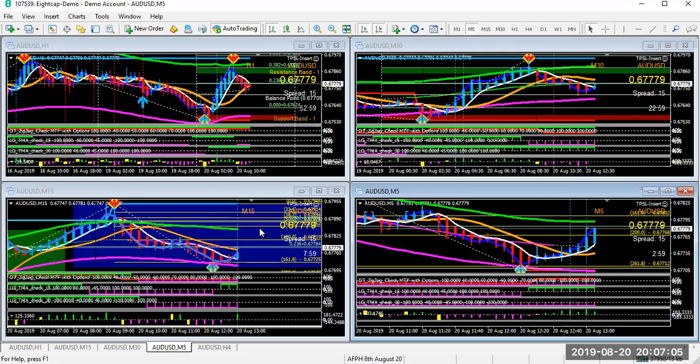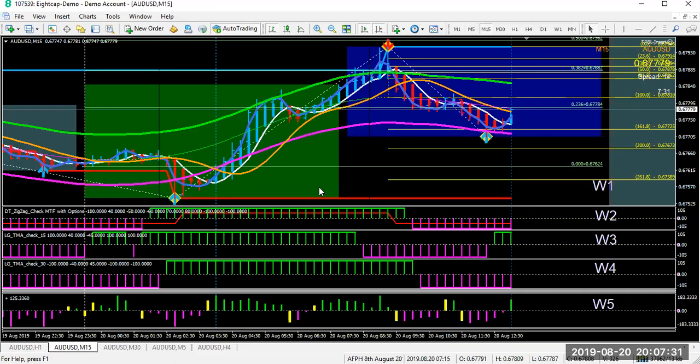Now, one of the other things that I would like to draw your attention to may also help to get you prepared for a trade that could be coming. So what could that be? Well, we do talk about when the blue crosses above or below the white line in window 1.